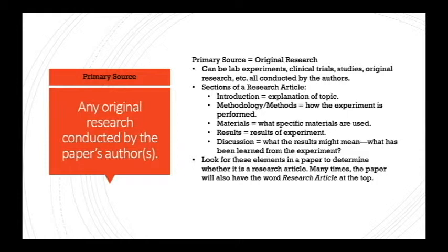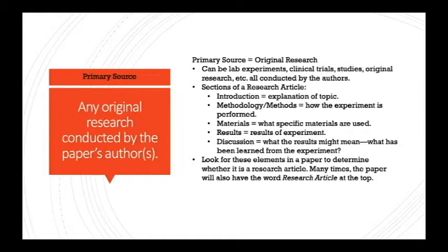It will give a materials section that will talk about what specific materials are used for the experiment. It'll give a results section, which talks about the results of the experiment, and then a discussion section, which is what the results might mean, as in what have we learned from the experiment.